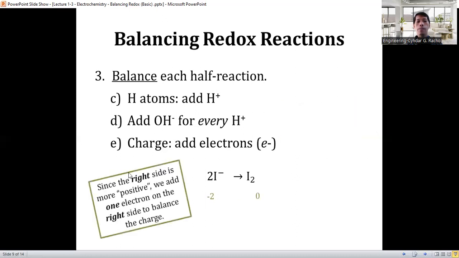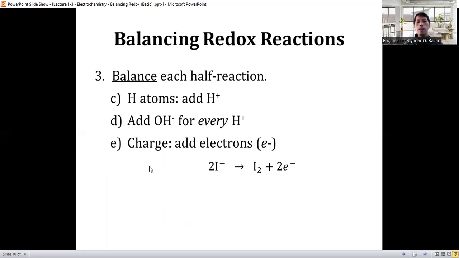So we can add electrons since the right side is more positive here. So we add 1 electron to the right side to balance the charge. So sorry, we add 2 electrons. So nanakay 2 here, you also have -2. So balance ng charge. Okay.